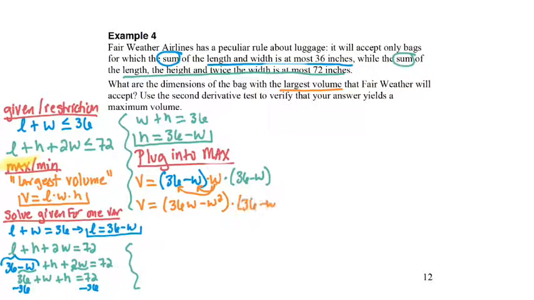And then again, you could take the product rule at this point, but let's go ahead and either do FOIL, the box method, however you multiply this out, but you know we're going to have 36W times 36, etc.